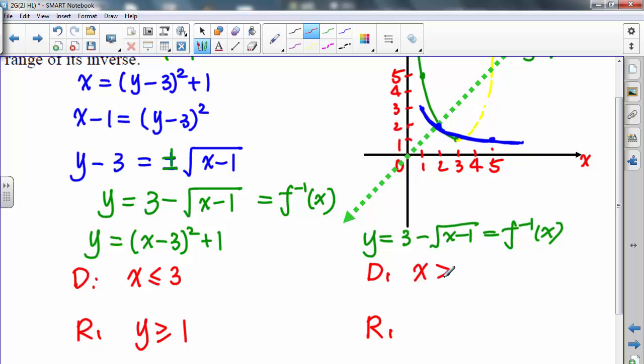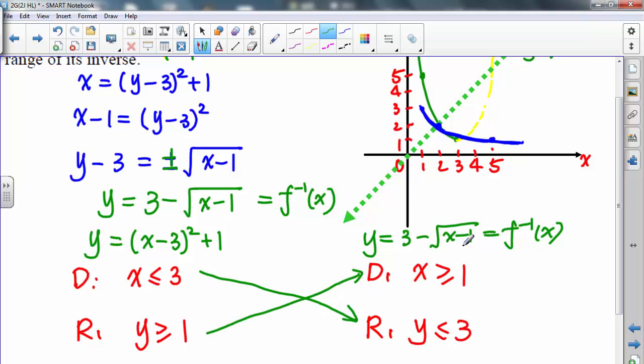Let's look at what is the domain for the blue graph, which is the inverse function graph. And the range is y less than or equal to 3. And you will find that the domain of the original function becomes the range of the inverse. The range of the original function becomes the domain of the inverse. Why?